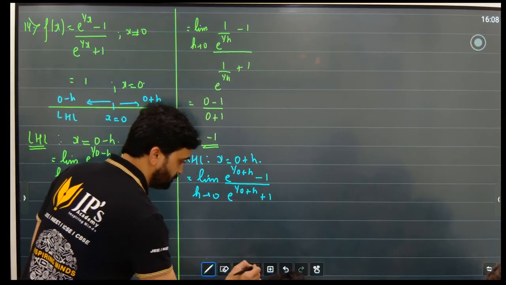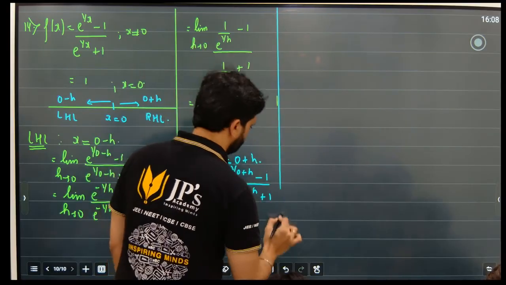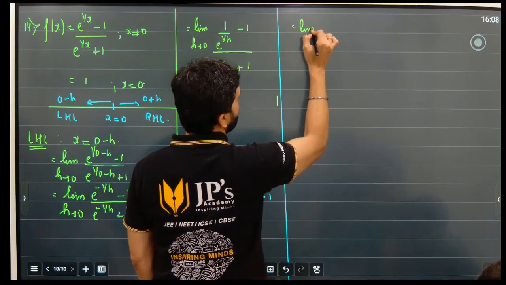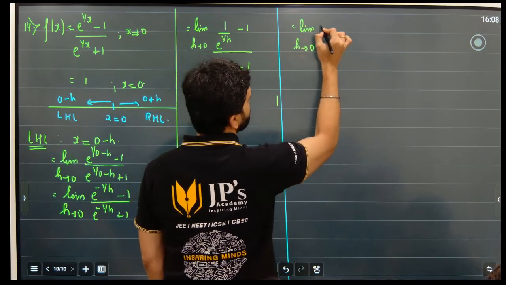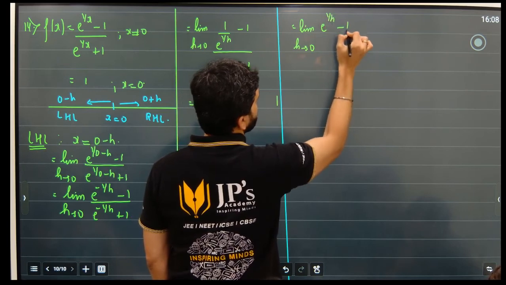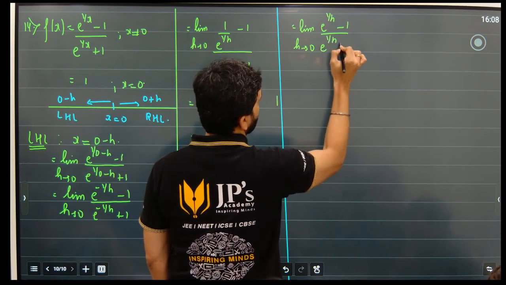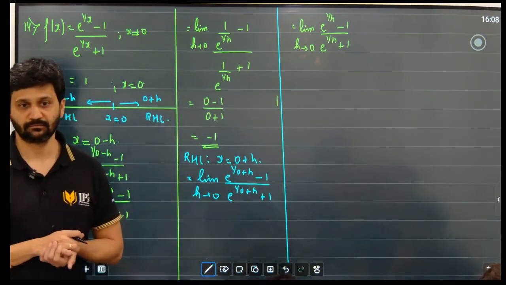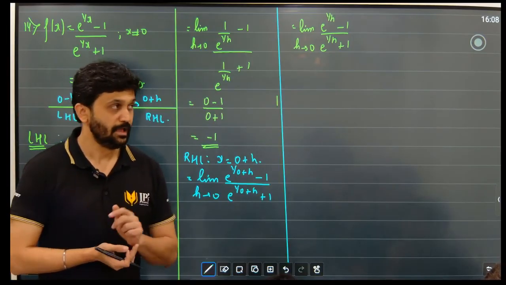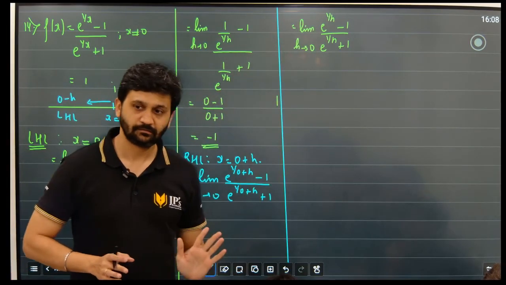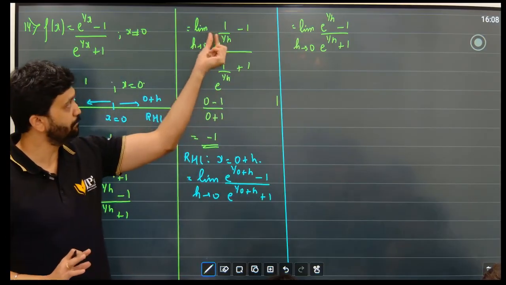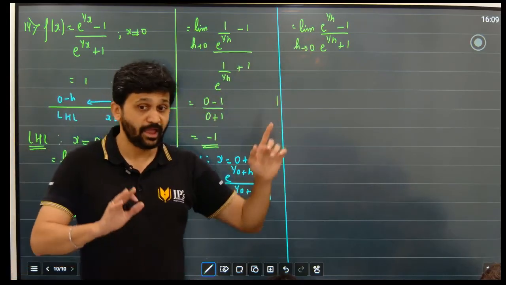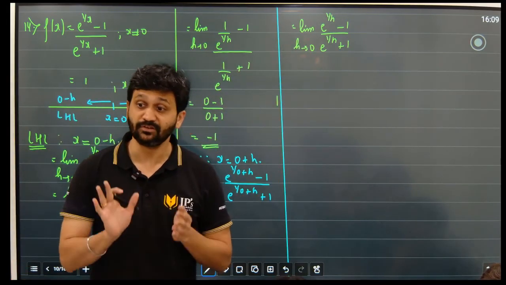Guys, when I simplify this further, this will become limit h tends to 0, e raised to 1 by h minus 1 upon e raised to 1 by h plus 1. अब ना इसमें कुछ कैंसिल नहीं हो रहा और ये बहुत बड़ा इशू है. ये इन्फिनिटी अभी भी बन रहा है. So it's not helpful. See, when my power was negative, the first term became 0. यहाँ पे h को अगर 0 डाला तो it will become e raised to infinity, which is infinity.